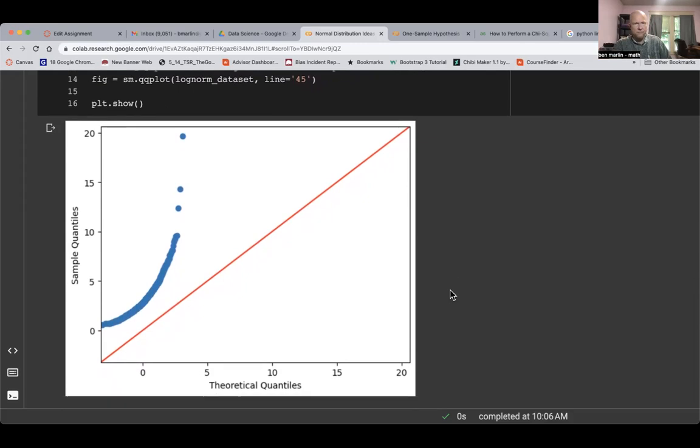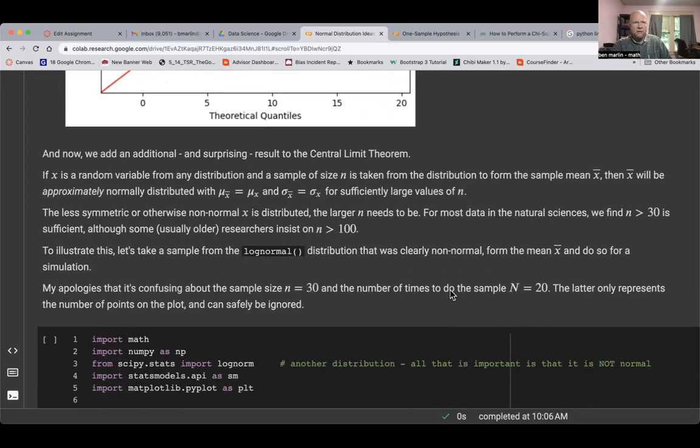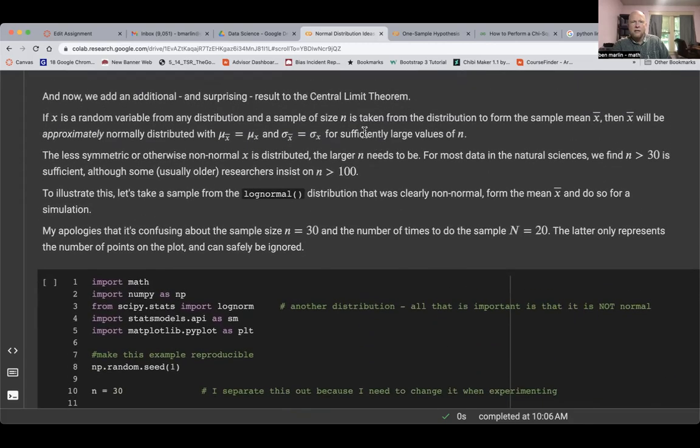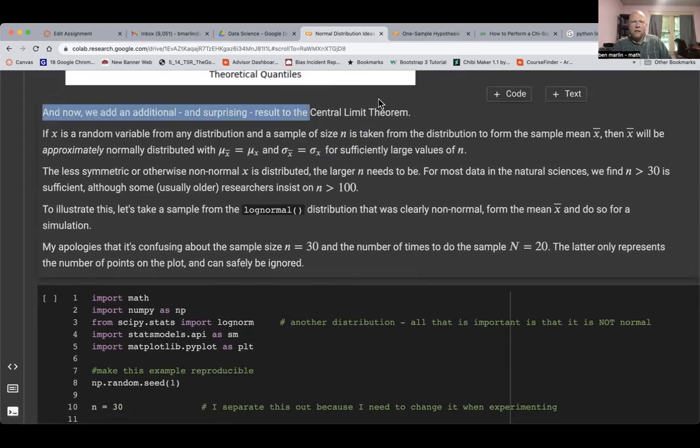didn't look normal. But the thing that we're heading towards here is referred to as the central limit theorem. And the central limit theorem says that if you start with data that came from a normal distribution and you take the mean of a sample, if the original distribution was normal, no matter how small your sample is, you're going to get something that's normally distributed.